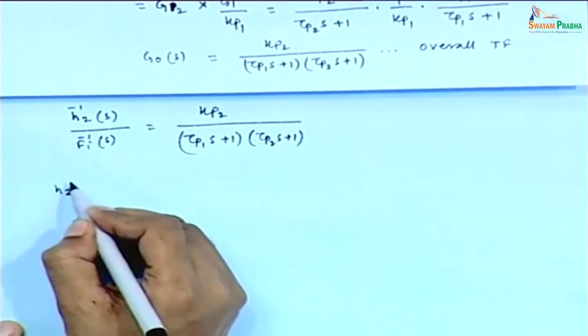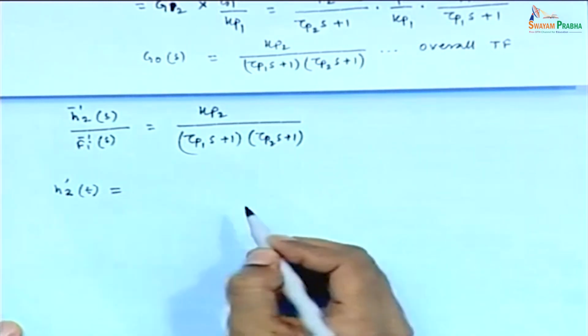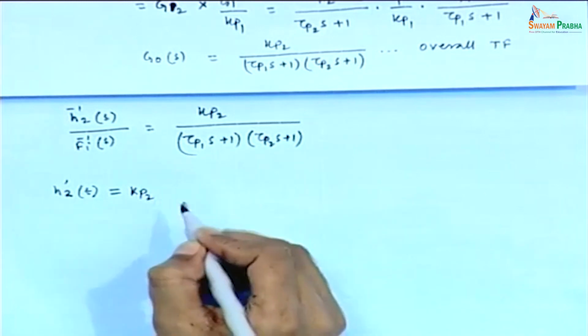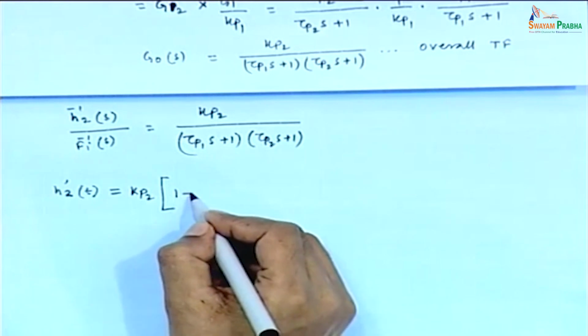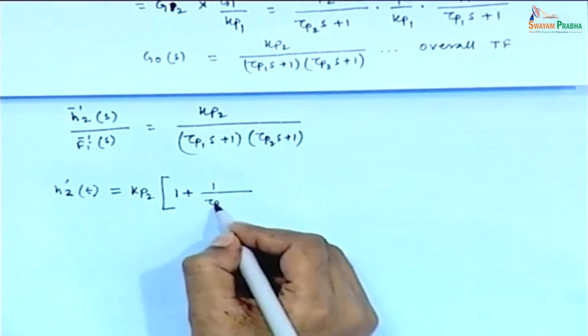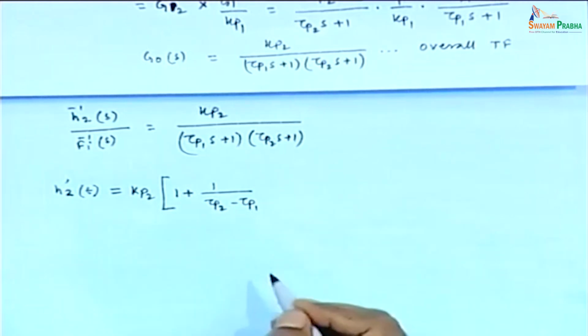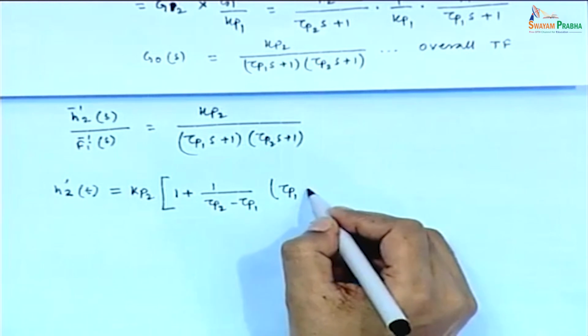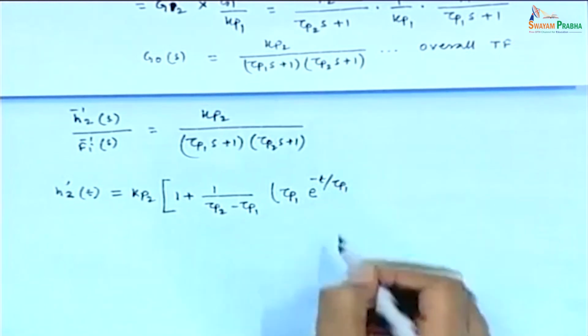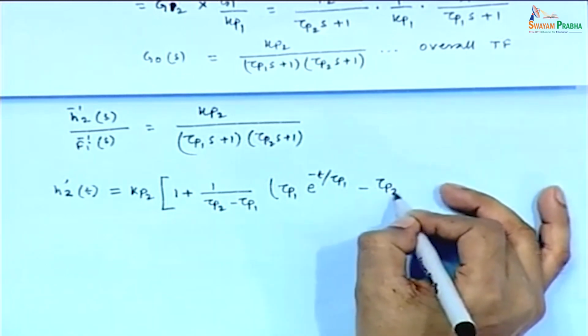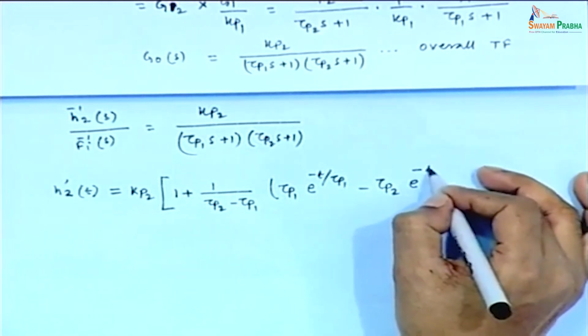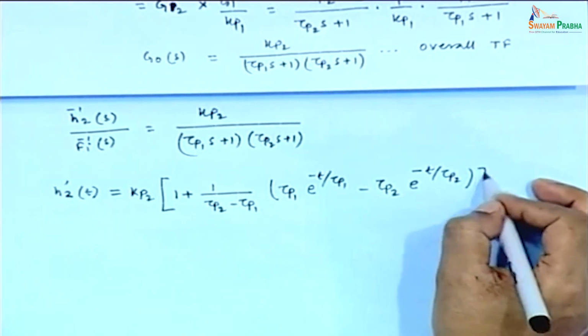Considering a unit step change in Fi and taking inverse of Laplace transform, we get the output in time domain as H2 prime(t) equals Kp2 times 1 plus 1 divided by tau P2 minus tau P1 times tau P1 exponential of minus t divided by tau P1 minus tau P2 exponential of minus t divided by tau P2.